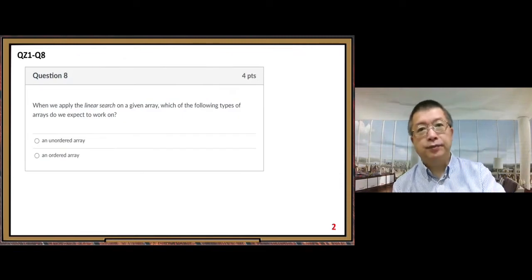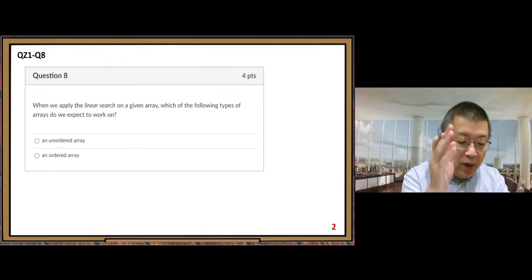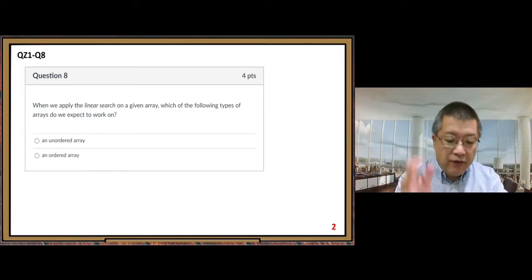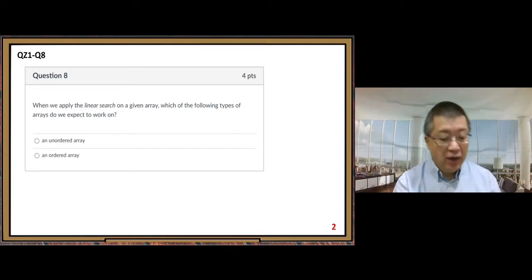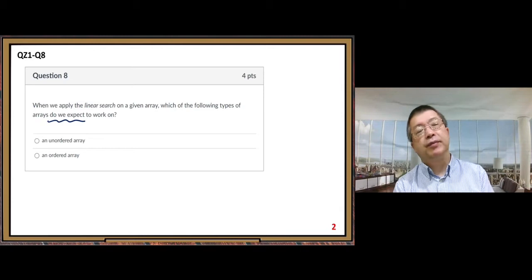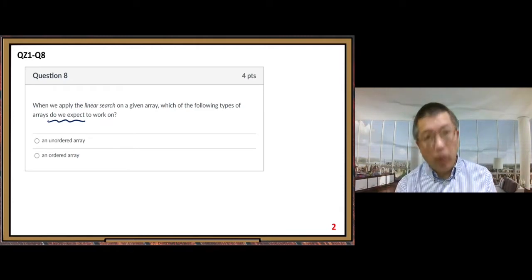Number 8. When we apply the linear search on a given array, which of the following types of arrays do we expect to work on? Do we expect? Think about the wording. The wording matters.